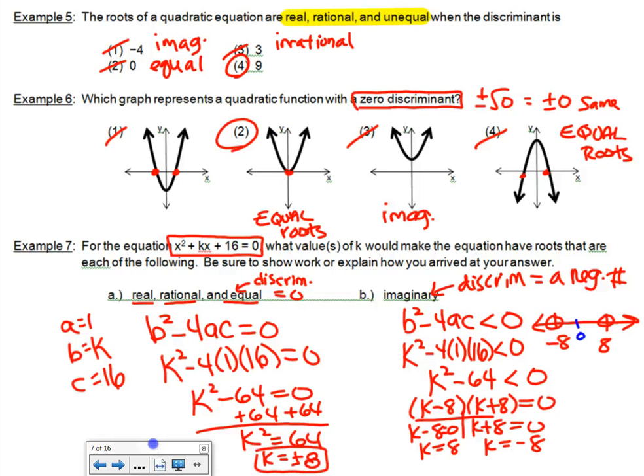So let me test 0. Does 0 for k work? So it does in fact work, so that means it's any number between -8 and 8.